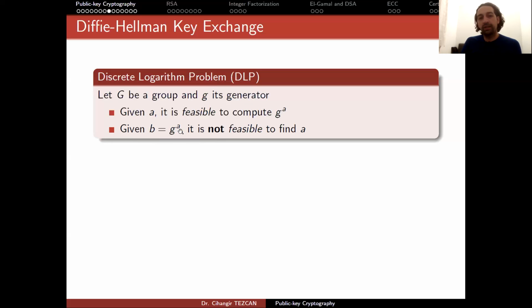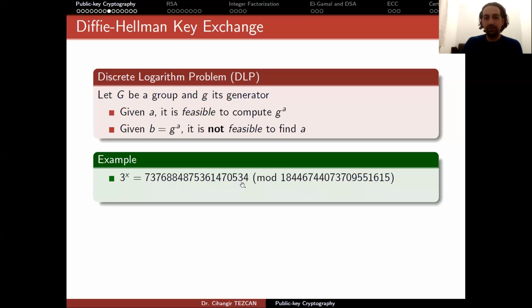You are asked to find a, and if it is not feasible to find a from this, then we say that this problem is hard. But of course, the hardness of this problem depends on the group you are working on. We are saying discrete because we will be working with finite elements.